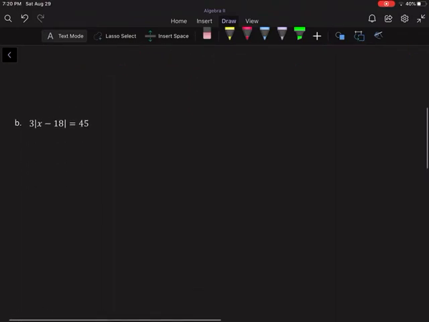So that one was easy because everything was isolated. Well, now we have one that isn't isolated. What I mean by isolated is that there's nothing outside of those bars on the same side of the equal sign. So here, 3 is being multiplied to this absolute value. No, you do not distribute into an absolute value. You have to take things away from it.